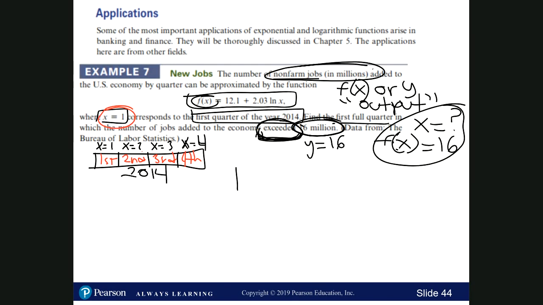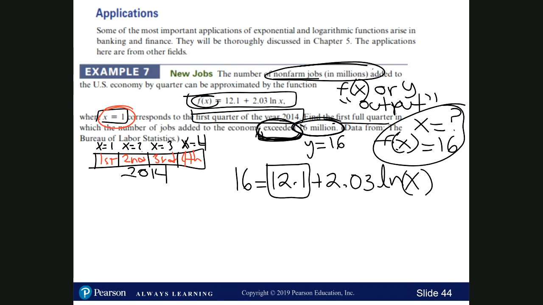So 16 is equal to 12.1 plus 2.03 natural log of x. And of course, we're solving for x. So first thing we do is take this positive 12.1 across the equal sign.